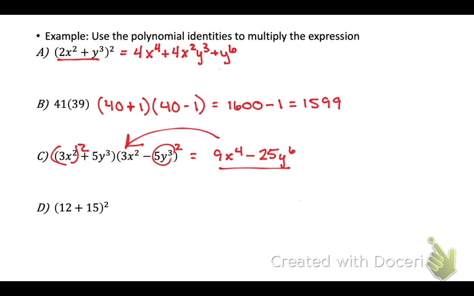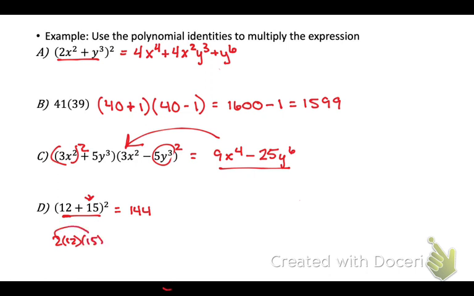Okay, so this is the other one. That's the 12 plus 15 squared. We'll do it, but you don't have any in your assignment. So the rule is square the first, correct? So it is 144. Multiply the two together. Well, we could multiply 15 by 2, couldn't we? Because it's 2 times 12 times 15.